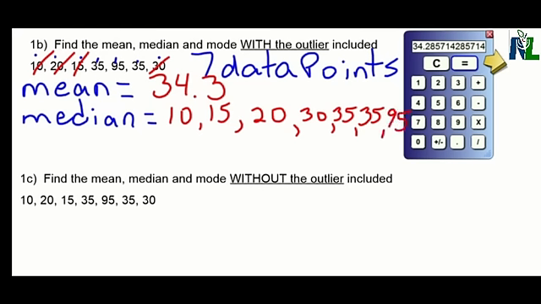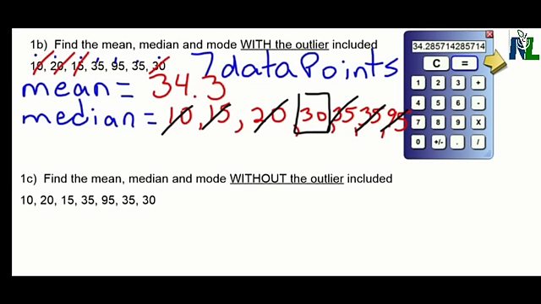So looking at this, it's arranged from least to greatest. We can now figure out what our median or middle number is. I always go through and cross one off each side, cross another, then another, and find what the middle number is. And in this set, the middle number is going to be 30.